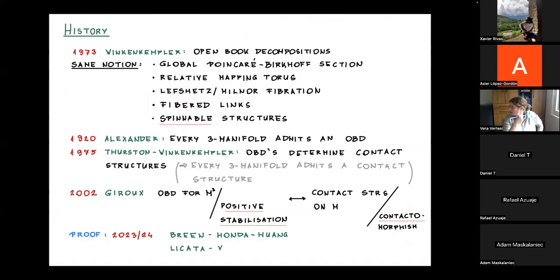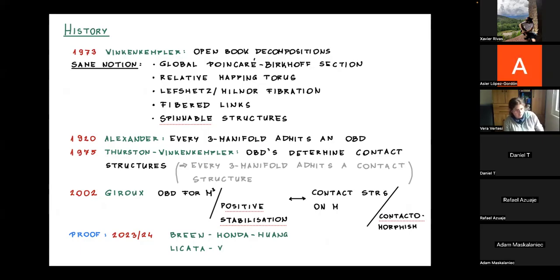But the exact same notion in different contexts had already been used by other papers. Basically the same thing is a global Poincare-Birkhoff section, or a relative mapping torus, or a Lefschetz or Milnor fibration.